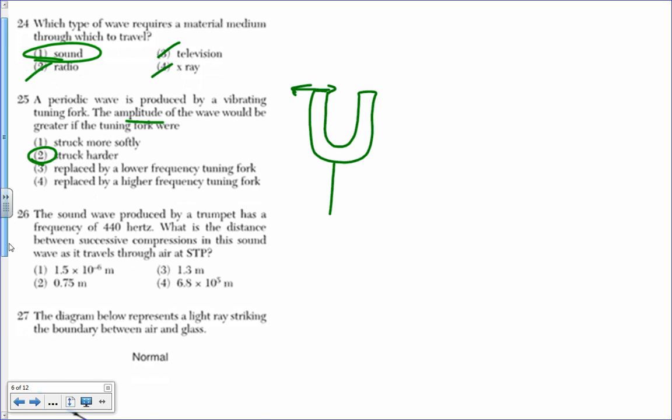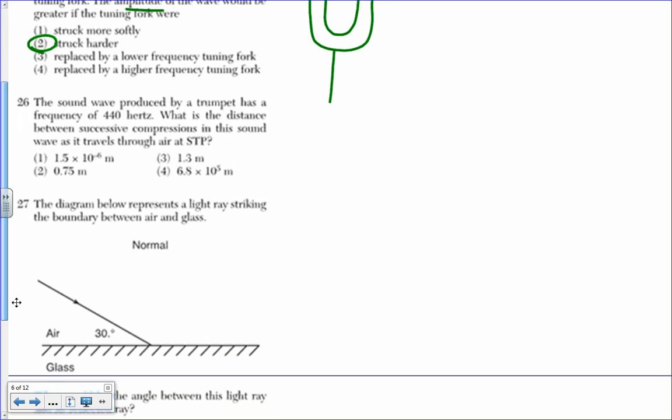Number 26, the sound wave produced by a trumpet has a frequency of 440 hertz. The distance between successive compressions in the sound wave is... So we're looking for the wavelength, right? The distance between successive compressions. So if we look at these as compressions, we want that lambda.